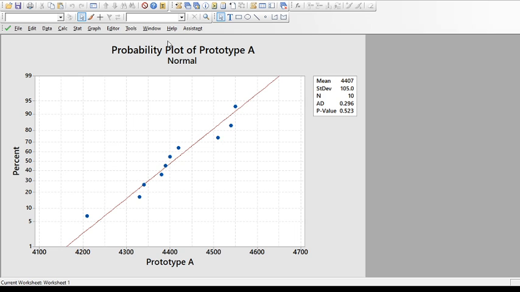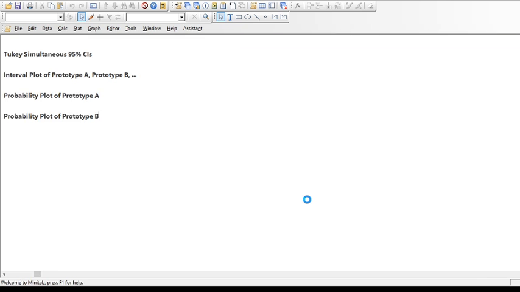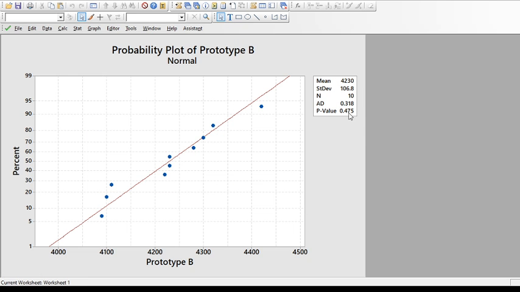So what happens to the next samples? You will have to check them in the same way we just discussed. Go to Normality Test, and then select prototype B and the Anderson-Darling test, click OK. Again, it is more than 0.05. So we've proven that prototype B is also following a normal distribution, and that condition is also met.